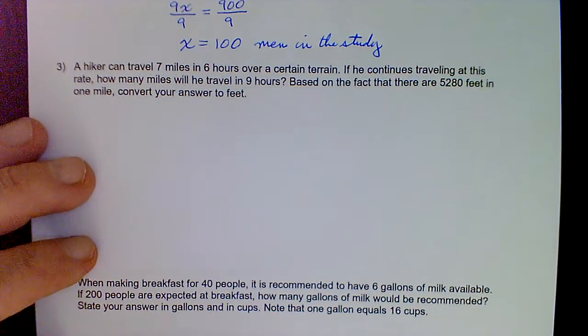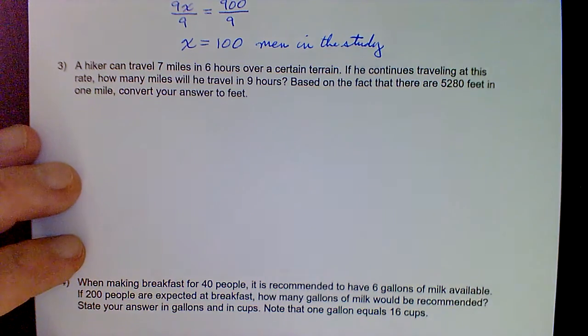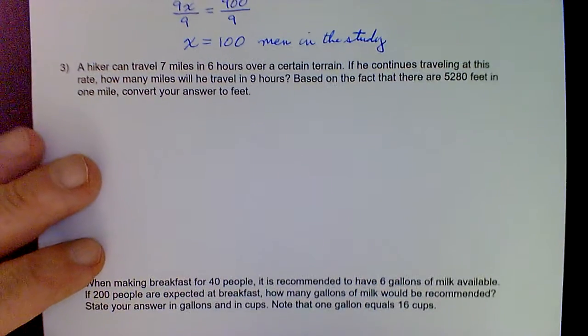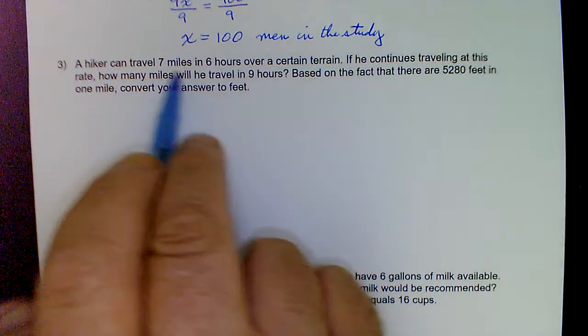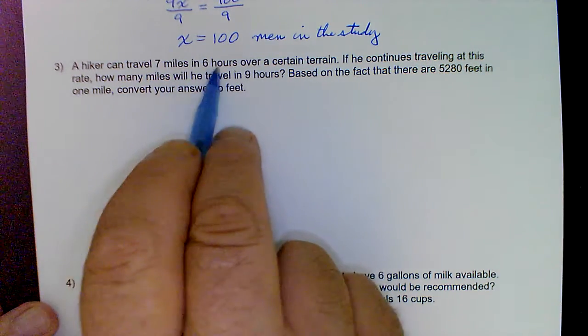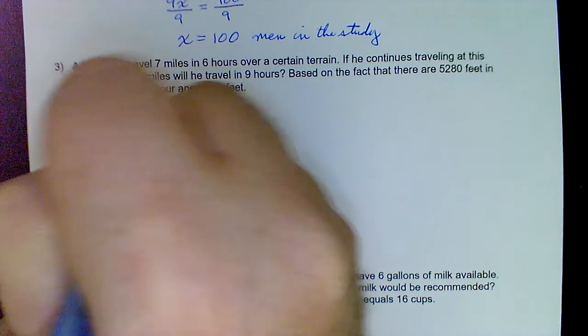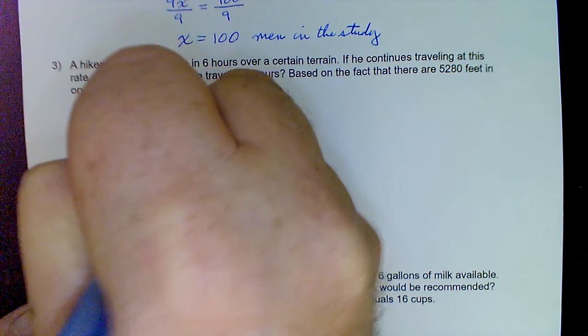Okay, a couple more. This one has some, what we call conversions at the end that you need to pay attention to. Primary ratio here, though, is this hiker can travel 7 miles in 6 hours. So immediately we could write 7 miles over 6 hours.